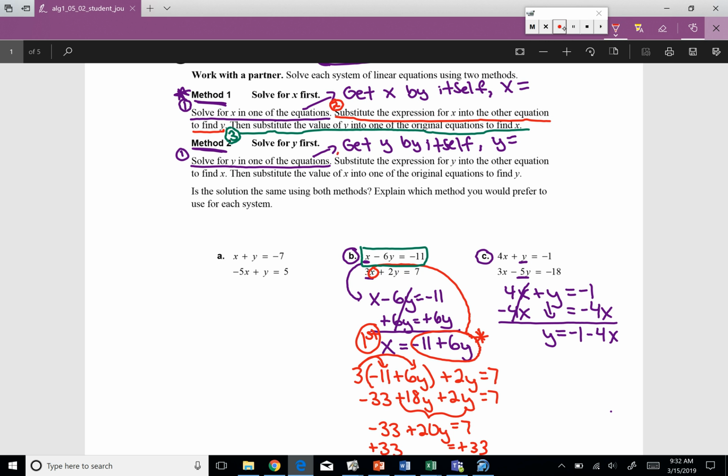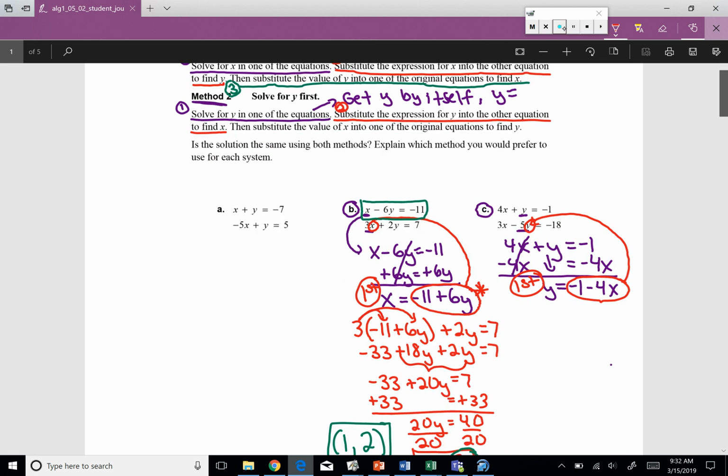Step 2, substitute the expression for y into the other equation to find x. So I'm going to take this expression for y, this was from the first equation, and I'm going to substitute it in for y in the second equation. It's a y equals, so it needs to go in for y.